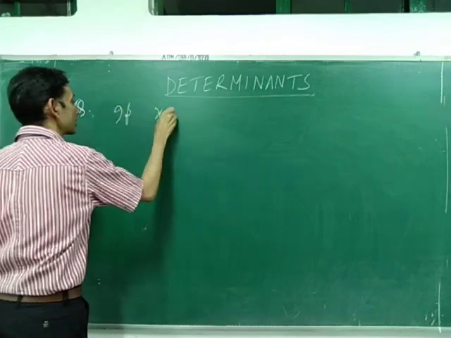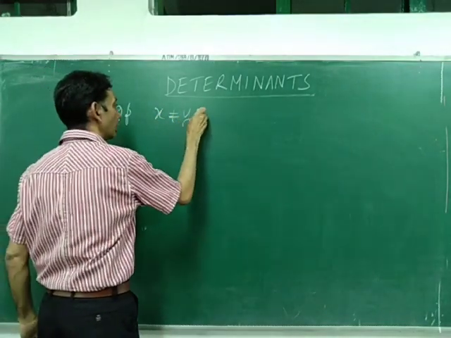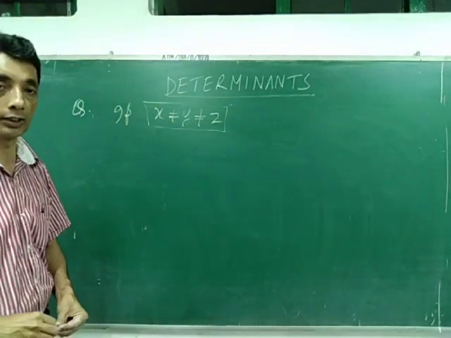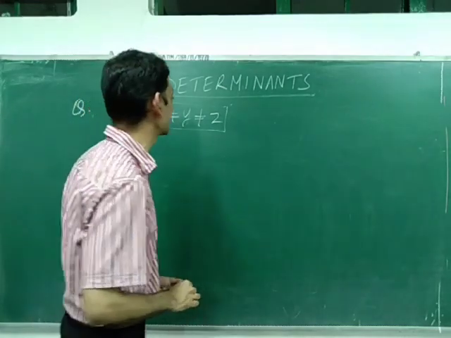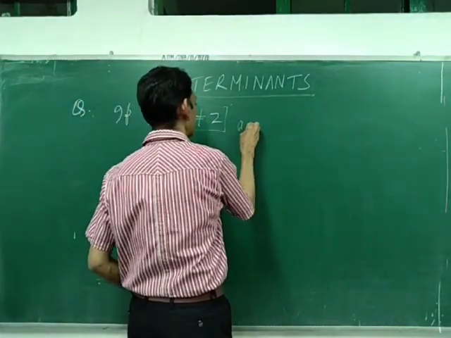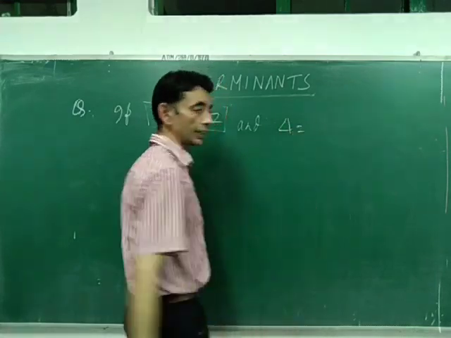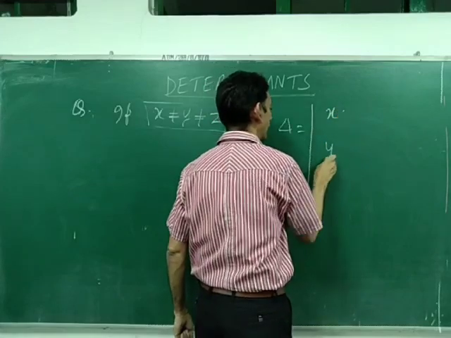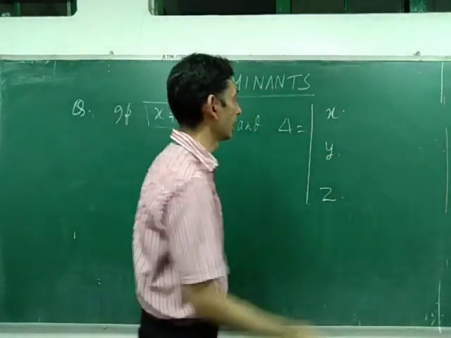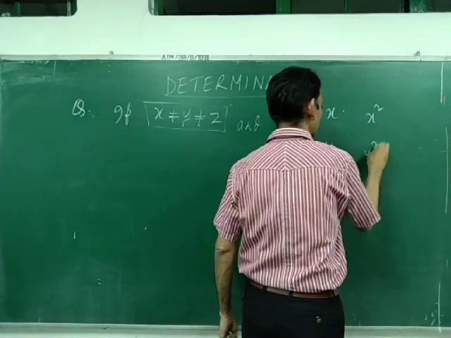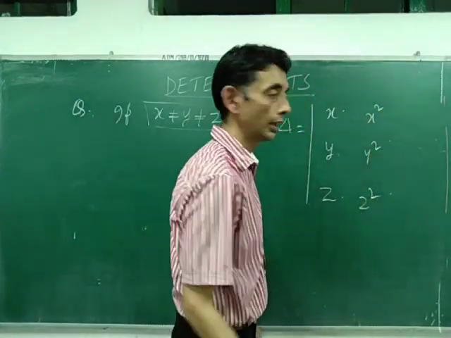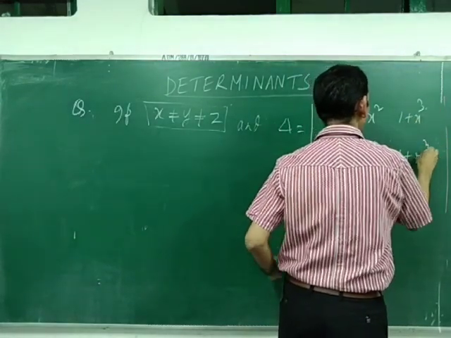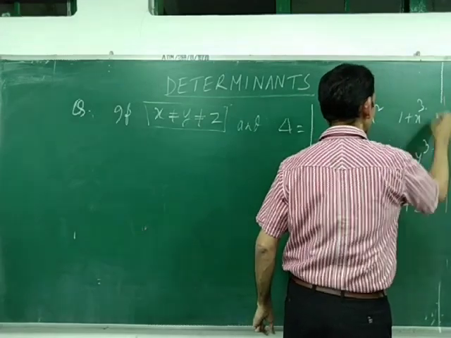If x not equal to y, not equal to z, that means x, y, z all are not the same, all are different, distinct elements, and lambda is equal to the determinant with rows x, y, z; x squared, y squared, z squared; and 1 plus x cube, 1 plus y cube, 1 plus z cube.